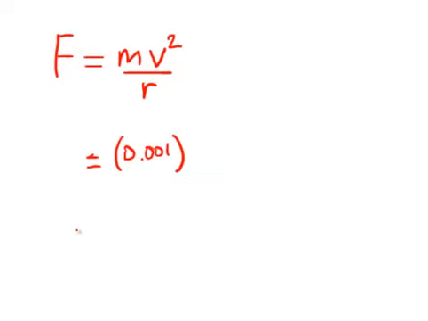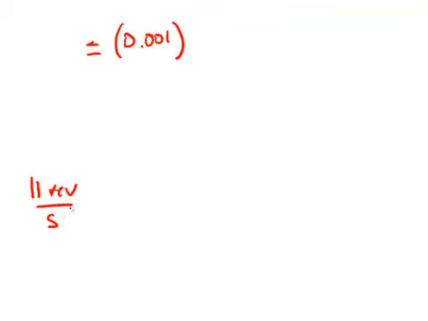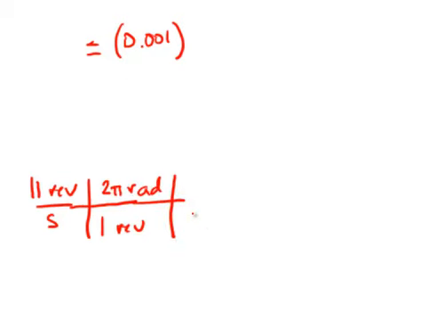And the velocity was not given to us directly, but we can calculate it. We do know the rotational velocity is 11 revolutions per second. And I'd like to convert that into a linear velocity, which is going to require that we use the radians conversion we've done before. So 1 revolution is equivalent to 2 pi radians. And I was told the radius is 18 centimeters.